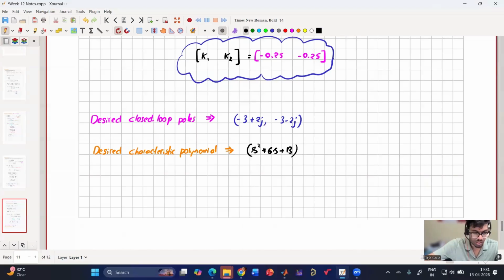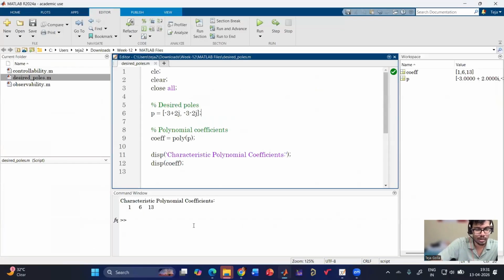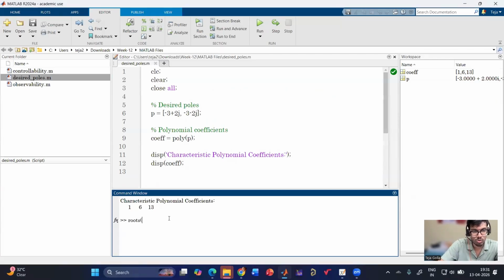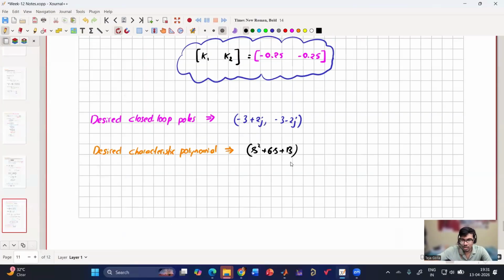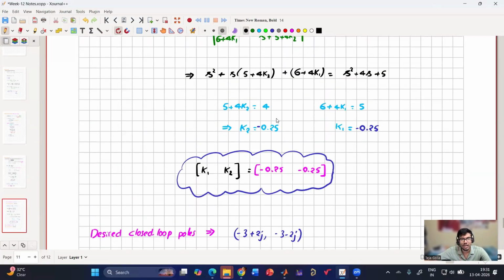I always like to cross check so that I don't end up making any mistake. So I'll do roots of the coefficients: -3 plus 2j and -3 minus 2j. This is 13. And then this is 5 plus 4k2, right?